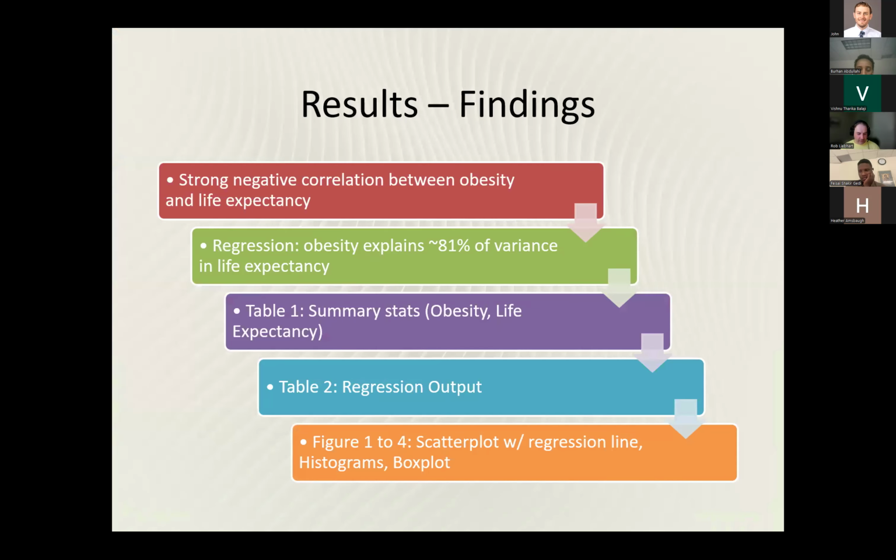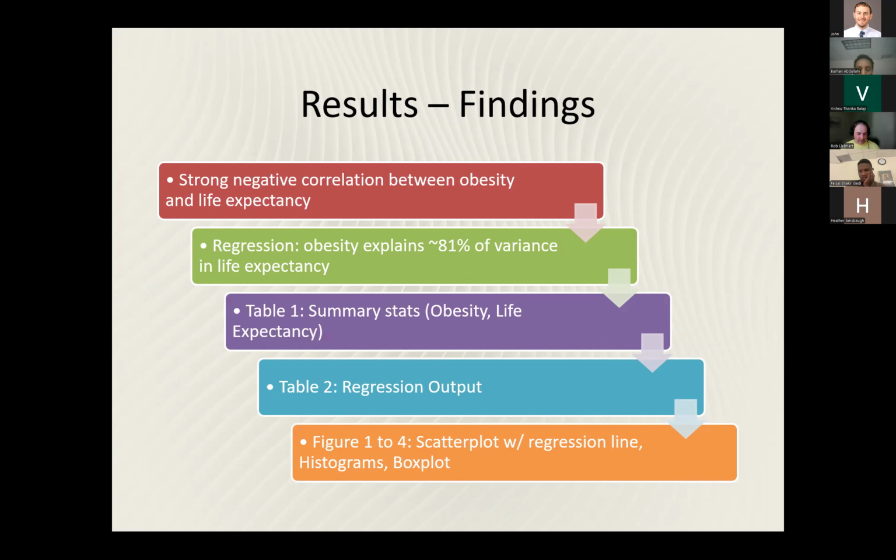And for the results, my findings showed a strong negative relationship between obesity and life expectancy, where the R-squared value was 0.8, which means that about 81% of the difference in life expectancy can be explained by obesity, which is a strong relationship when you see the 81%.